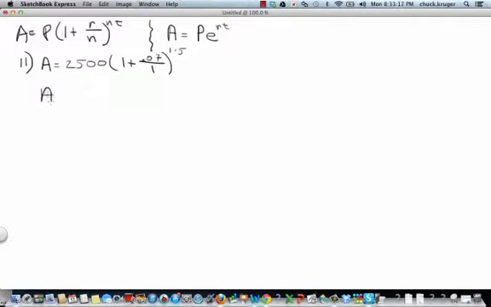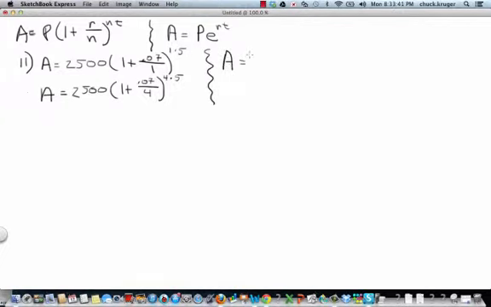And then the next one, it's compounded quarterly. So now I have 2,500 times 1 plus 0.07 divided by 4 raised to the 4 times 5. And then the last one is that it's continuously, so I'll put the separation symbol here.